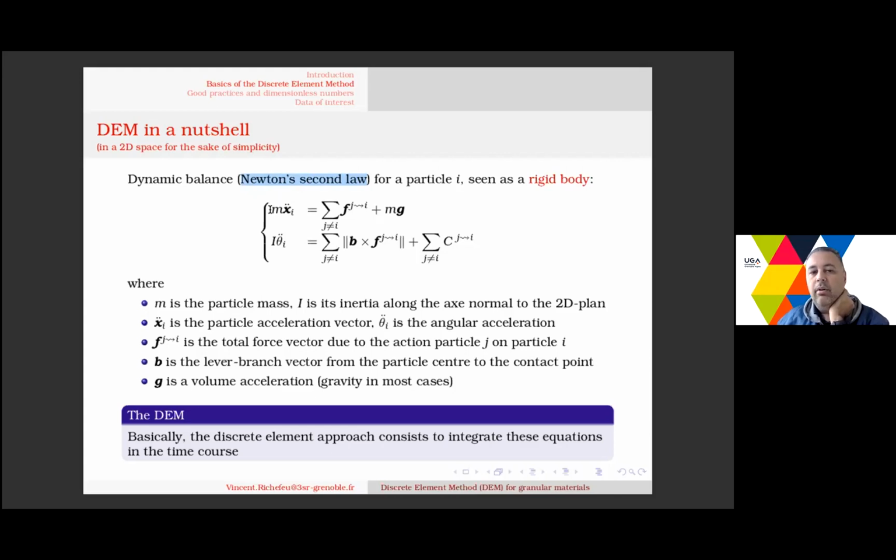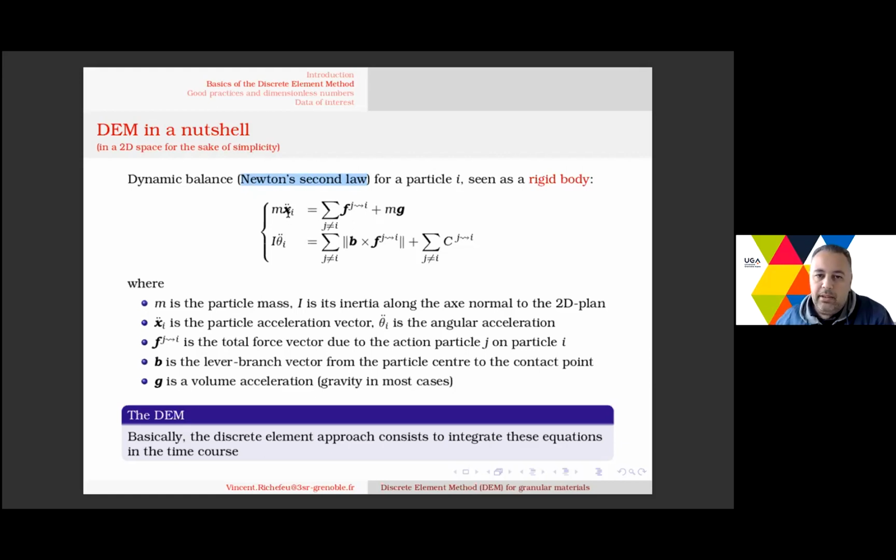You all know mass times acceleration equals the force. And this is actually the first equation. For each particle, we will consider that the mass times, here I noted x, which is the position, but double dot means this is the second derivative with respect to time.